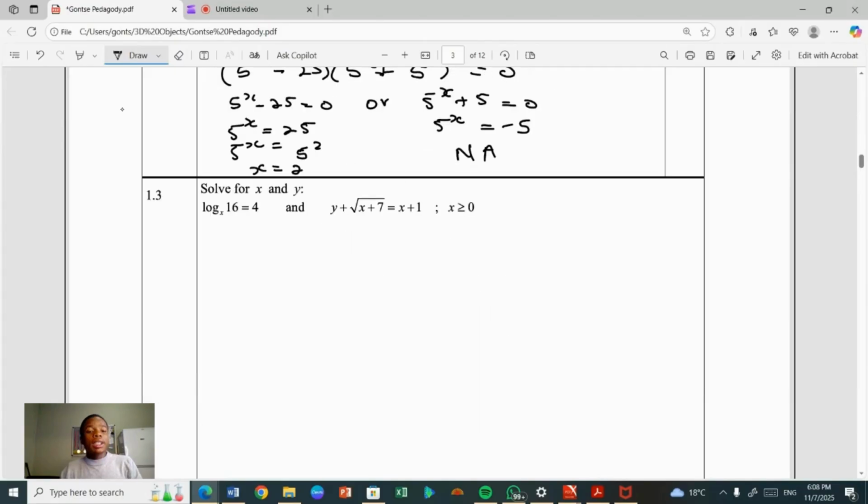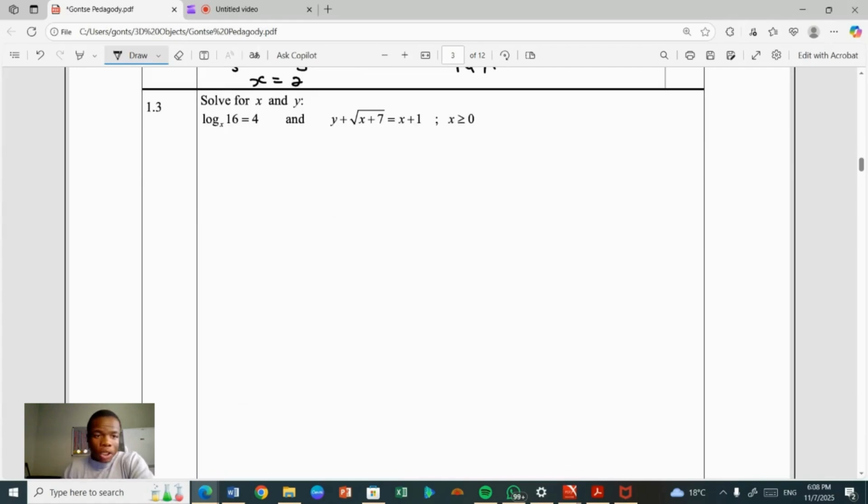So let's move to simultaneous equations. We are given log, right? This is our equation 1. Equation 1, right? Then this is our equation 2, right? But we have to come up with equation 3. You have to know the rules of logarithms.